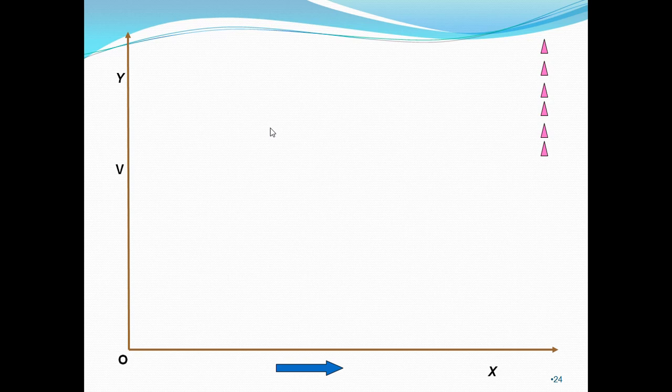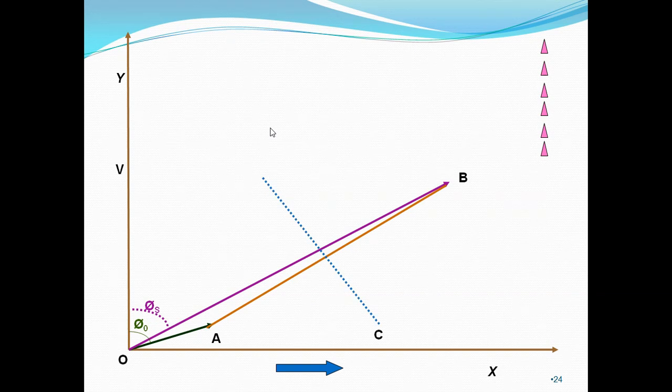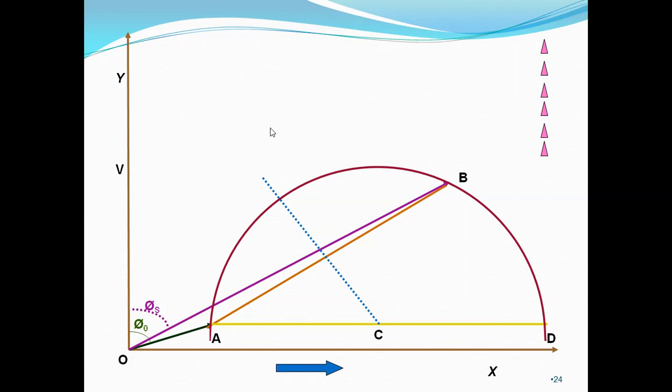So if you draw like this x-axis, y-axis, and then you draw OA at an angle of phi naught, and OB at phi s, and join this AB and bisect the line to get point C, and draw a semicircle with C as center and AC as radius.